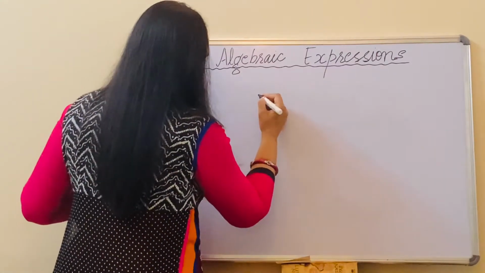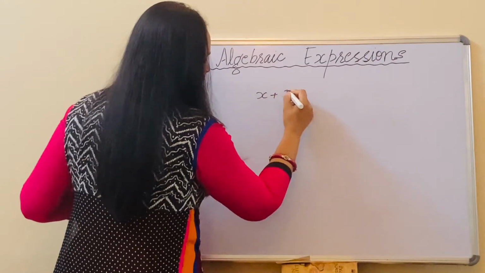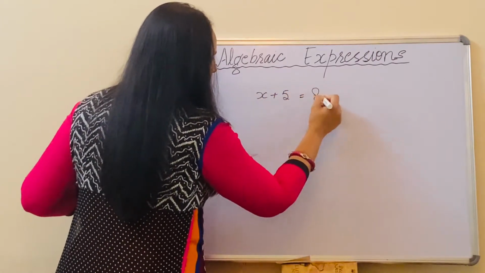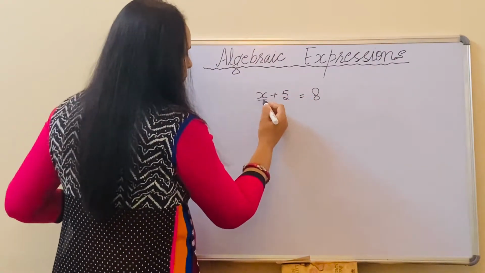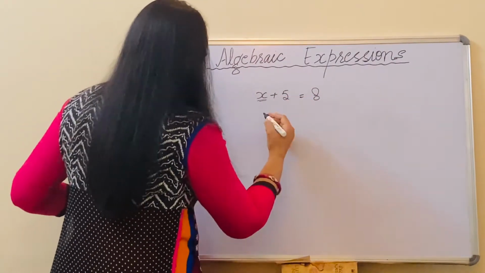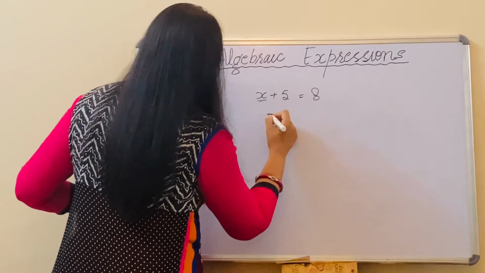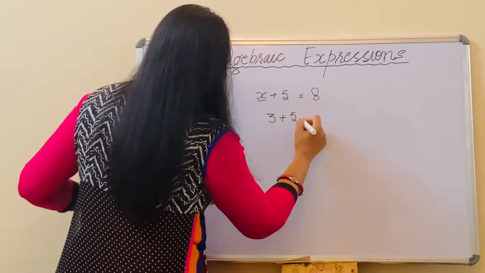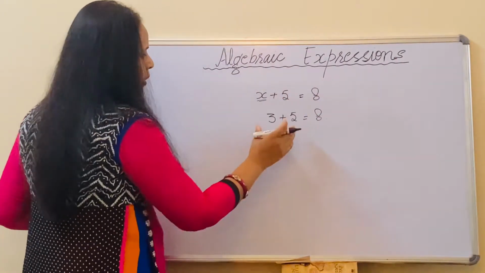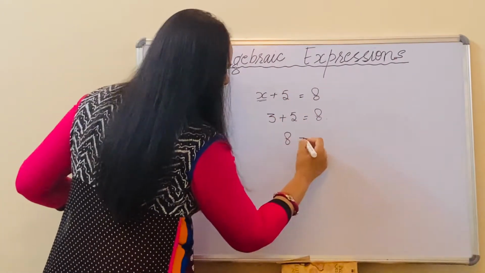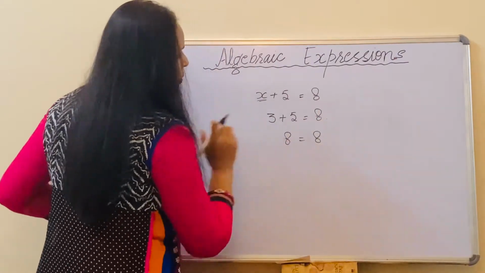For example, I have written earlier that x plus 5 is equal to 8. For solving this, we will calculate the value of x, putting x as 3, 3 plus 5, which comes out to be 8. So the solution to the equation means both right and left hand side are now equal.